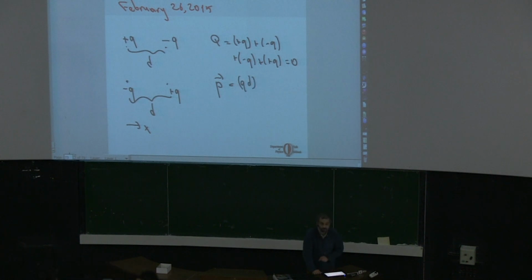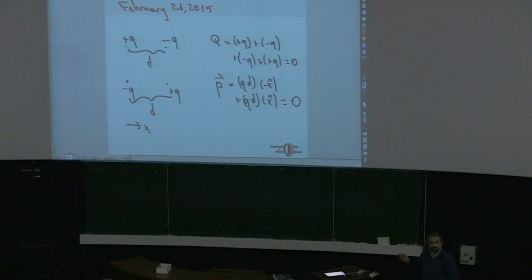The direction is from the negative charge to the positive charge, so it's in the minus x hat direction. Plus, I have another dipole over here. This is a 2-dipole system. Again, its magnitude is q times d, but this time it's in the plus x direction. So this whole thing adds up to 0. This configuration has electric dipole moment 0.